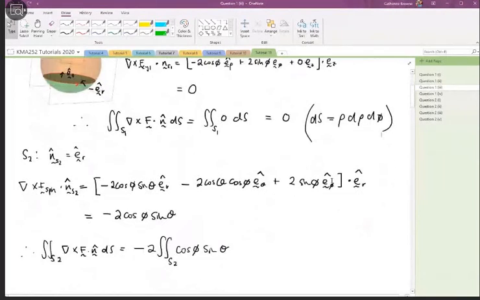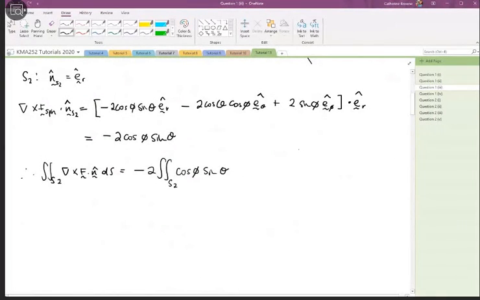Whereas here in spherical coordinates, I'm going to use ds is r squared sine theta d theta d phi. And we're doing that at constant r because the radius is 4.